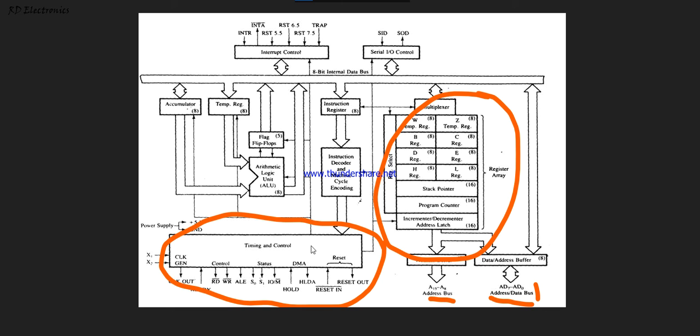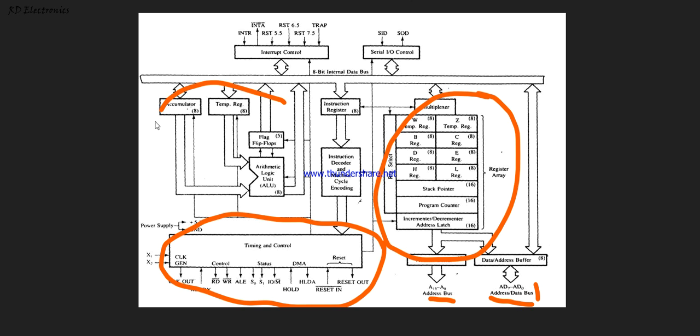Control unit only informs you when and how our operation will be performed. Okay, when and how. So this is a very important part in the 8085 microprocessor or any other microprocessor.